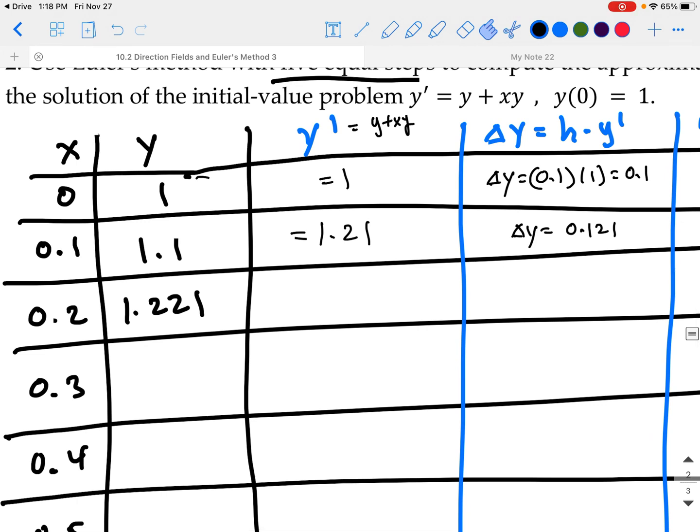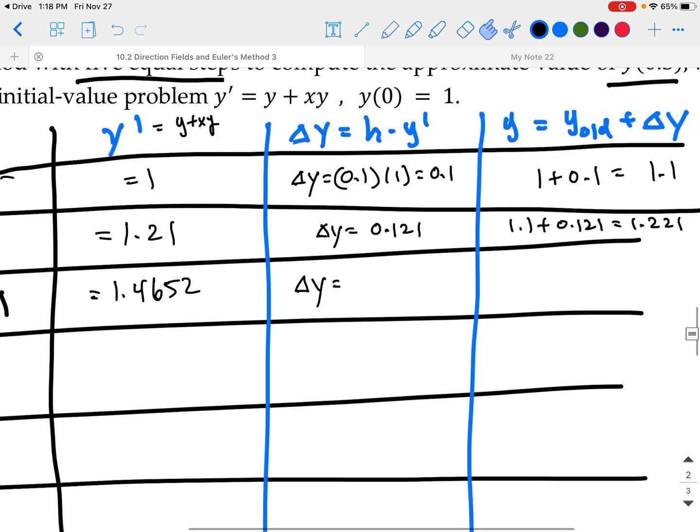Then for our next value, we're going to have 1.221 plus 0.2 times 1.221. So we get a slightly larger number, 1.4652. For these, try to use all the decimal places for as long as you can to get the most accurate result. Your final answer needs to be correct to 3 decimal places, but your intermediate work should use all decimal places in your calculator.